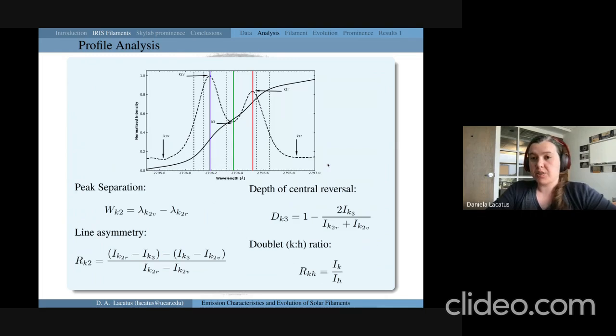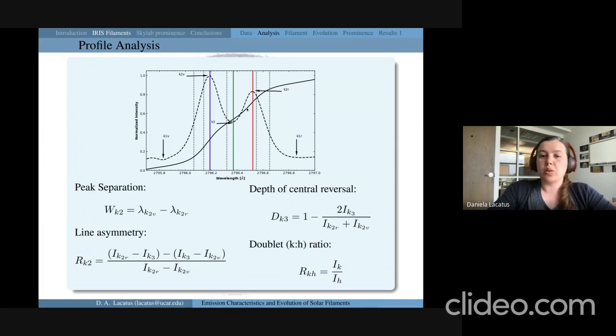After I have identified these features of the profile, we can look at the relation between these identifier features. The simplest one is the separation of the peaks, so how far apart the red and the blue peaks are from one another.